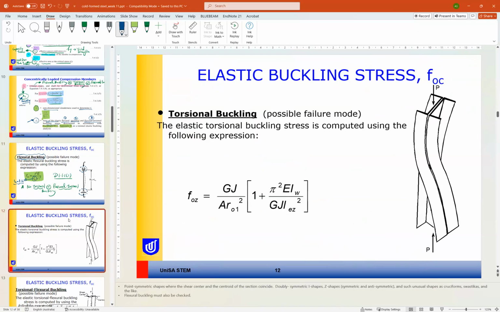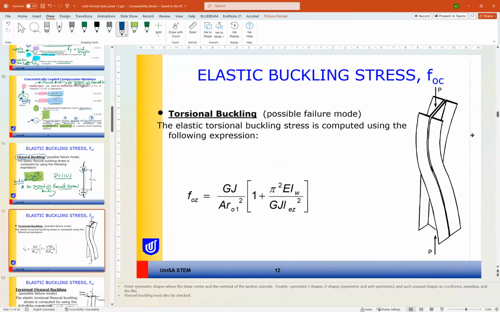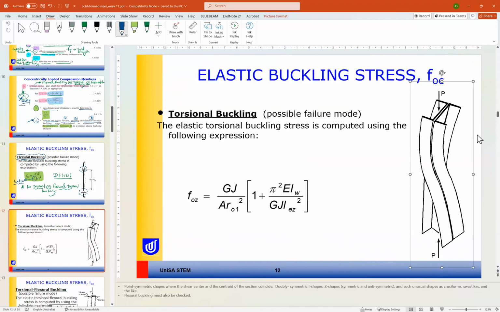The second case, or the second failure mode, is the torsional buckling. Torsional buckling, as you can see here, is twisting of the column about... Do you know what is the axis of twisting here? Is it twisted about the x-axis or y-axis or z-axis? Anyone have an idea?